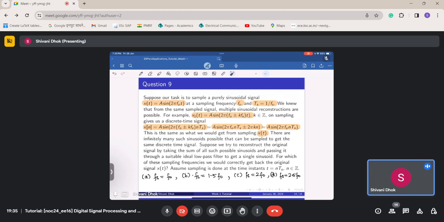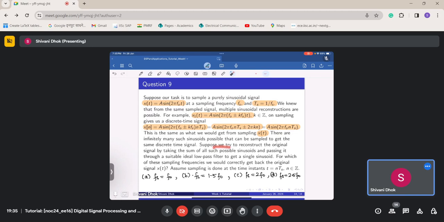So what we need to do is, we sampled a signal x(t), or let's say x1(t), and got some samples. Now I want to reconstruct back the original signal. I should get x(t) if I sampled x(t), and I should get x1(t) if I sampled x1(t).